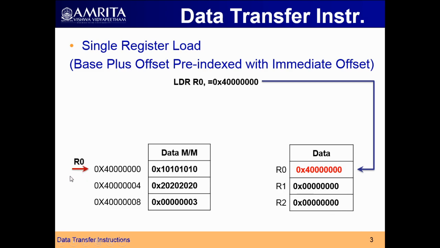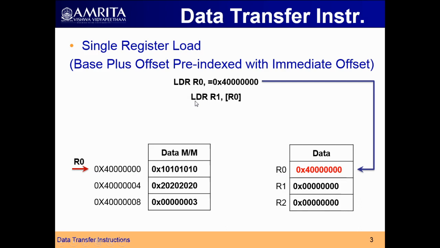So R0 is pointing to an address location known as 4000, right? So LDR R0 comma 4000 means this immediate data you are moving to R0, and since it is an address location, R0 is acting as a pointer because it holds an address location. So now R0 is pointing to this address location.